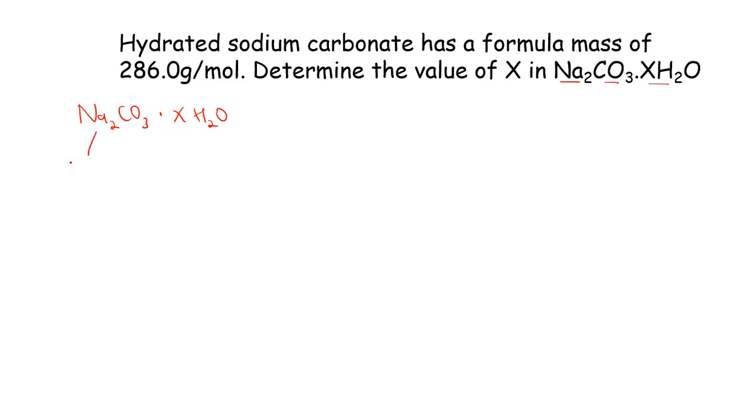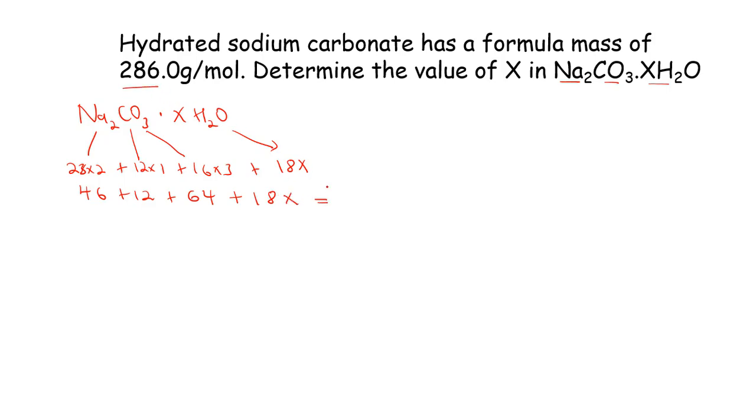So our sodium, this is 23 times 2, which is 46, plus our 12 times 1, which is 12, for carbon, plus 16 times 3, which is 64, right? We can also add on this plus 18x, 18 coming from water, so plus 18x.